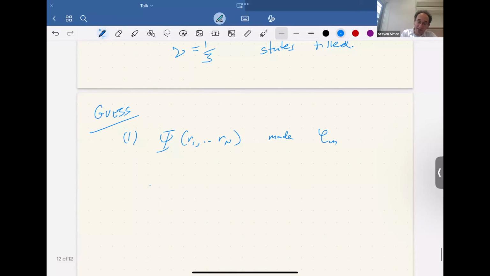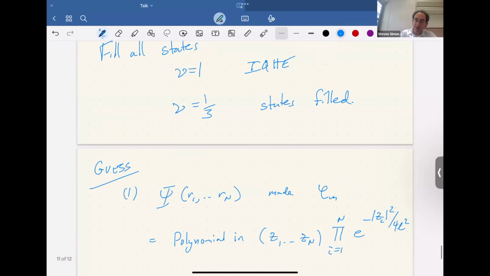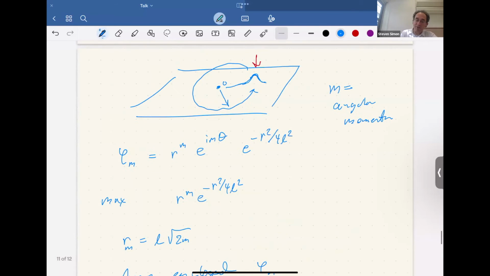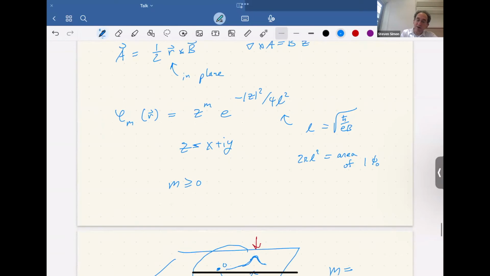So that means it has to be some polynomial in z1 to zn, the complex coordinates, times a product over i equals 1 to n of these Gaussians, e to the minus |zi| squared over 4l squared. Okay, so that's just saying that the wave functions are all made up of these things.